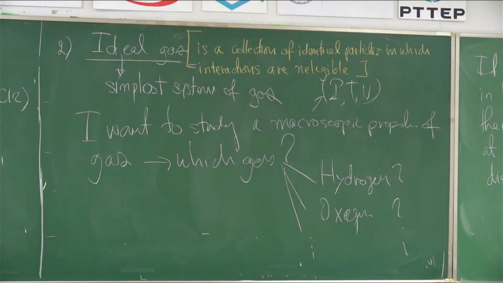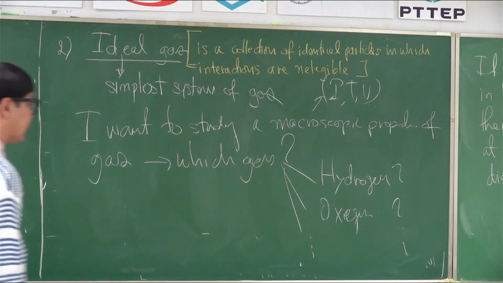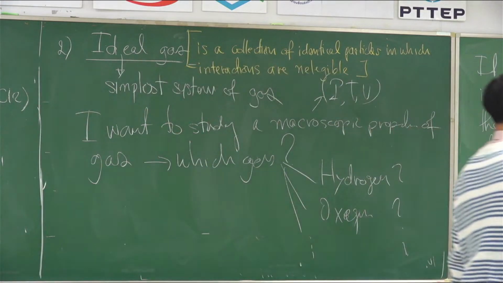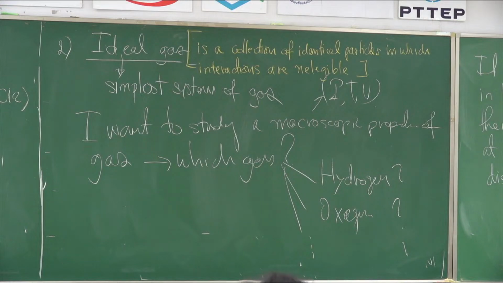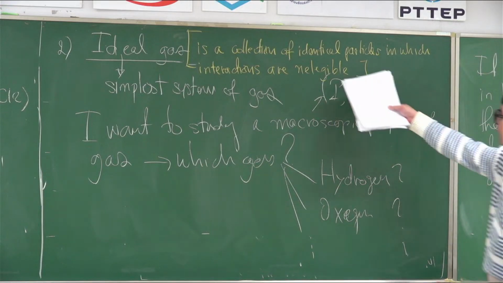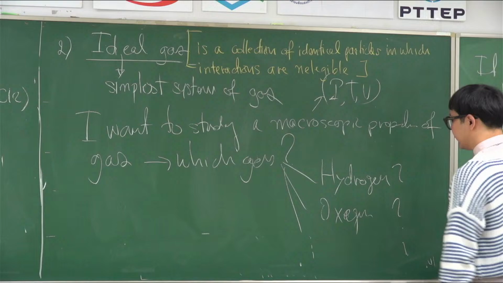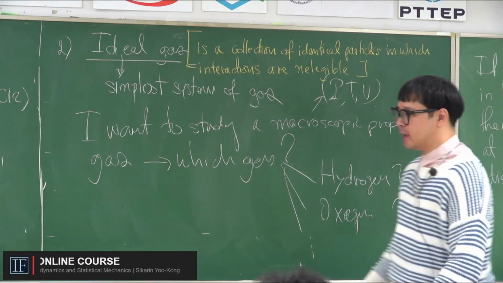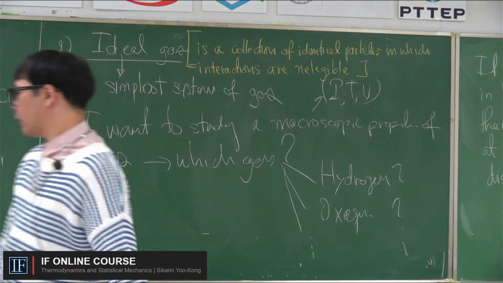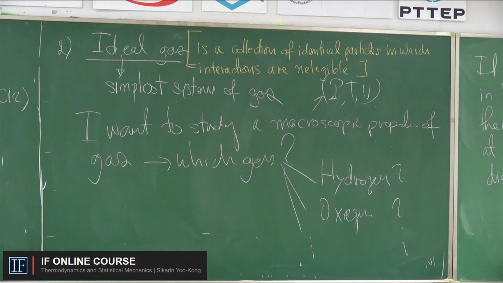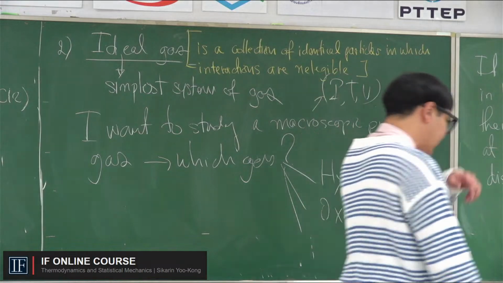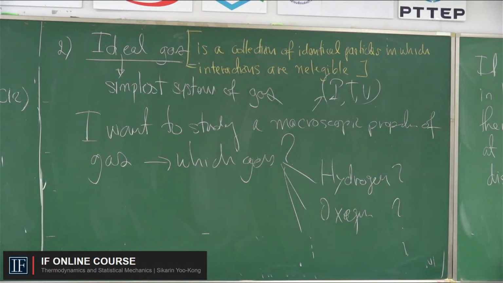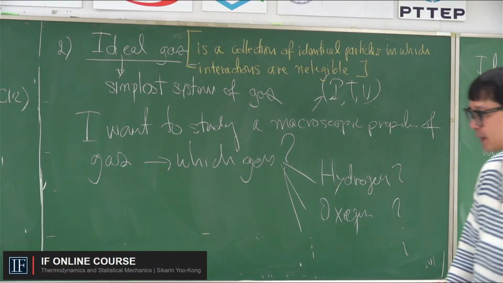Okay, we can simply put this as a definition of ideal gas. Even if it is not identical particles, I mean, if the density is very low, it is going to behave more or less like an ideal gas, but not perfectly, right? But approximately, yes.